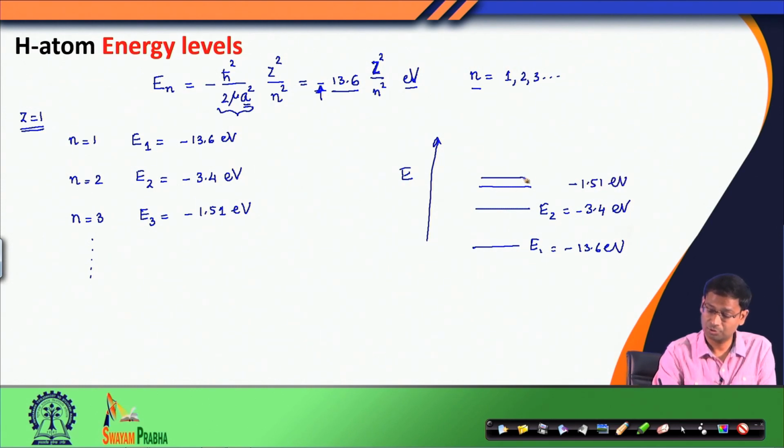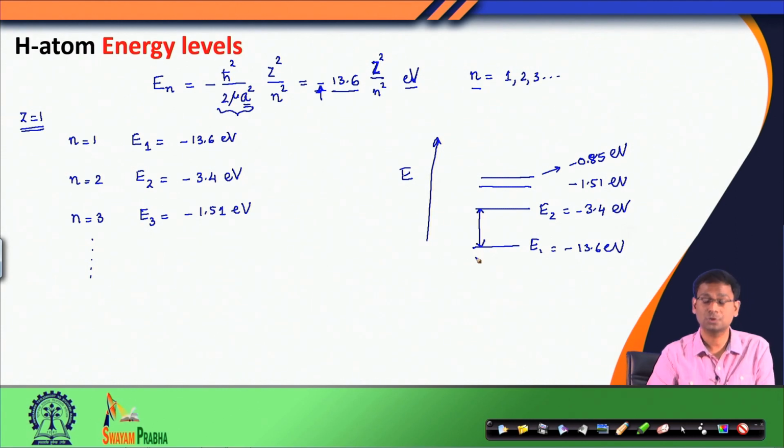And if I continue to do this, the next one will be something around minus 0.85 electron volt, and so on and so forth. One thing that you must have realized now is that the energy spacing between two consecutive levels keeps on decreasing as we go higher in energy.